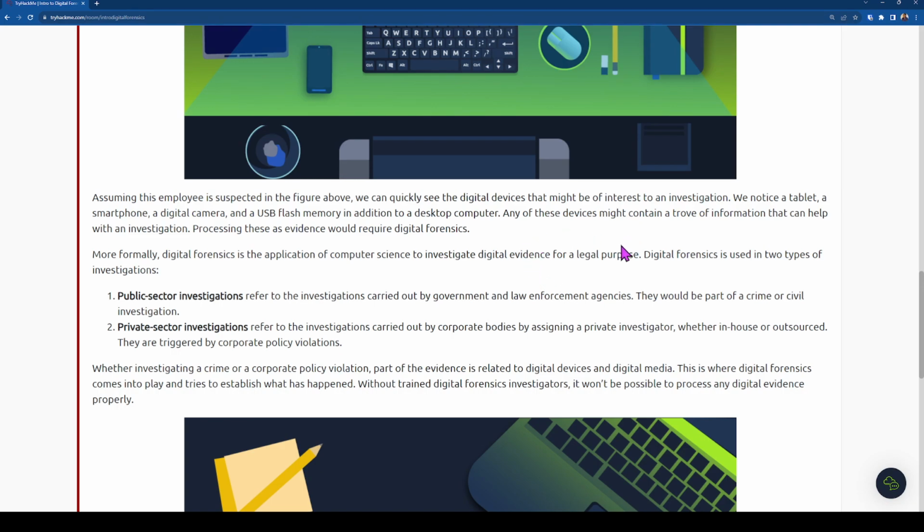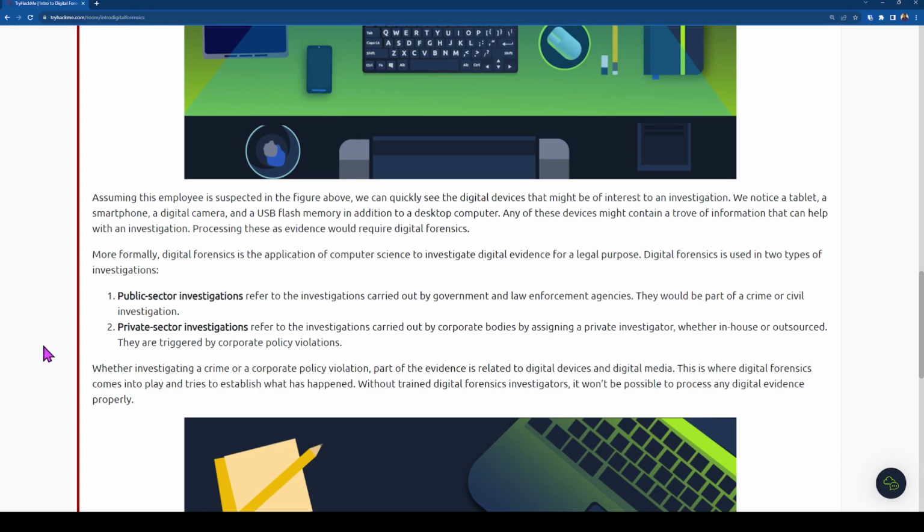Any of these devices might contain a trove of information that can help with an investigation. Processing these as evidence will require digital forensics. More formally, digital forensics is the application of computer science to investigate digital evidence for legal purposes. Digital forensics is used in two types of investigations: public sector and private sector.